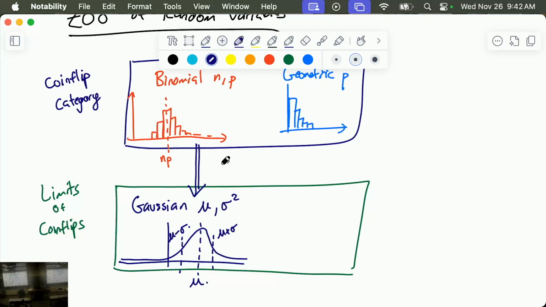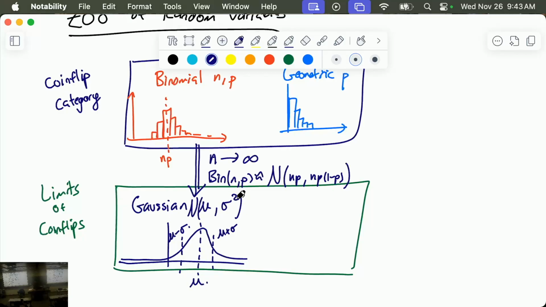I'm trying to think of how much detail we went into. The number of coin flips has to go to infinity, I think we said, and then you can approximate it by its mean. So the binomial with n and p is approximately the Gaussian, the normal, with parameters np and n times p times 1 minus p. I think that's the way we said it. This is the Gaussian distribution, also known as Mr. Normal, big script N.